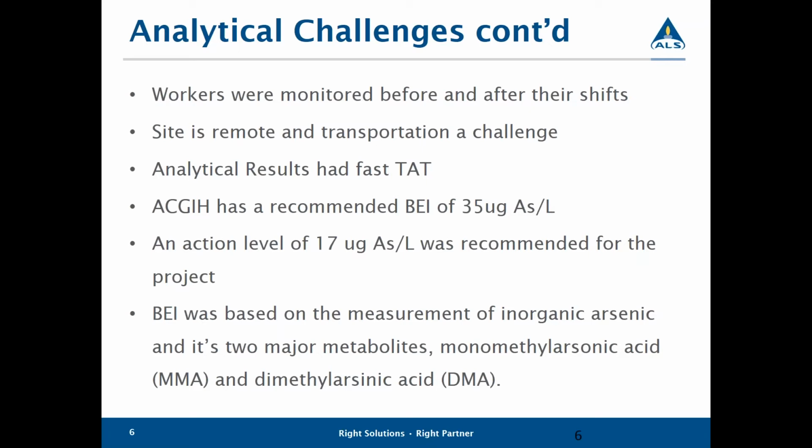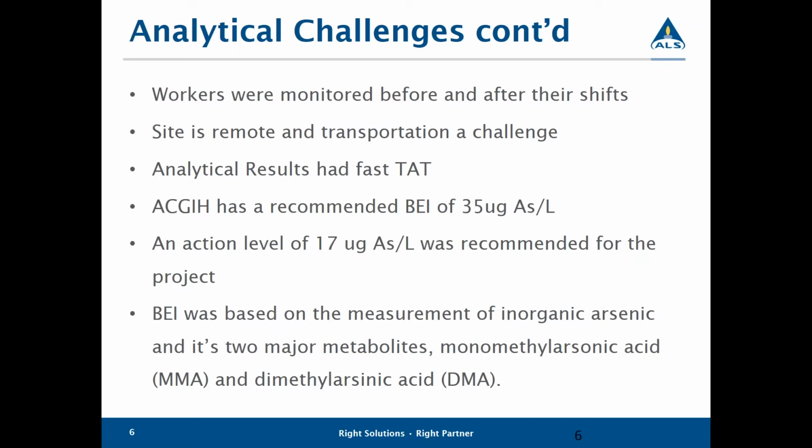Then we would process the samples, and we were following a method that can provide a detection limit suitable for the biological exposure index of 35 micrograms of arsenic per liter. And that comes from the American Conference of Governmental Industrial Hygienists organization. That's where that number comes from.